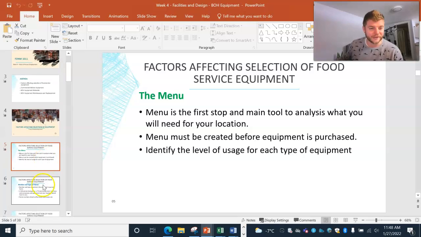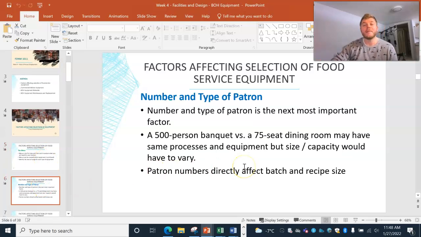So rude, Jackson. Okay, the next one is the number and the type of patron that you expect to have. So a 500-person banquet versus a 75-seat dining room, they may have the same processes and equipment, but the size of them would vary, right? The holding capacities of them, how many you're able to cook at a particular time. So the patron numbers directly affect the batch and the size.